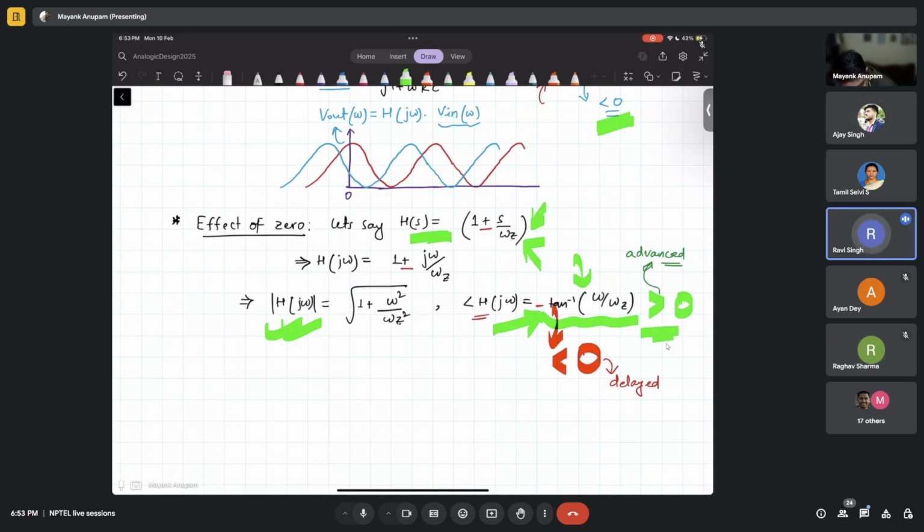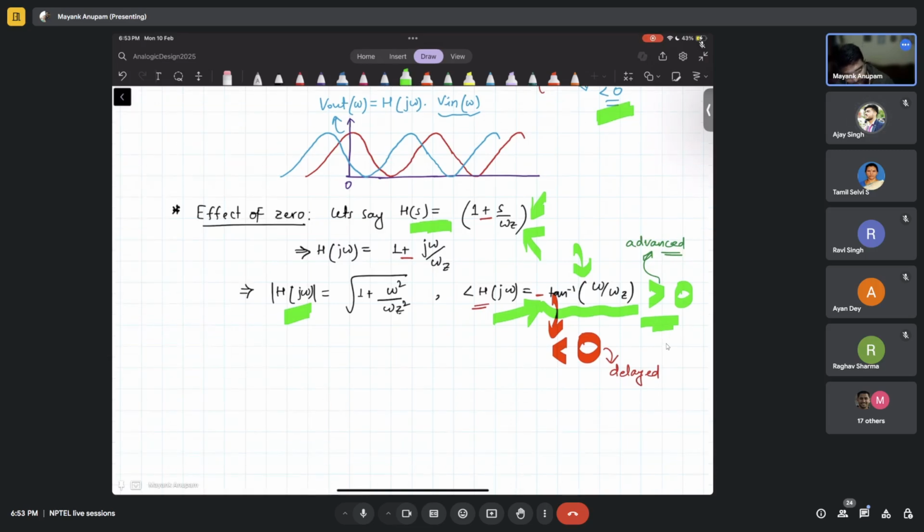As it turns out, it means that there appears to be a system which has infinite gain at very high frequency, which means that the system can process infinitely fast with infinite gain. Is that point clear? That is not possible, right? That clearly defies things which we see in nature. So this is not possible.